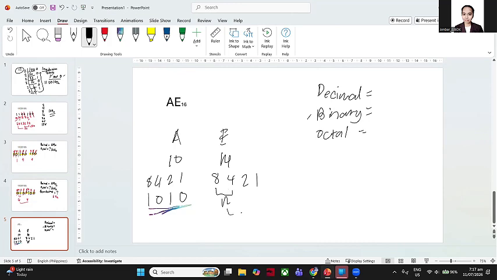How about 12 plus 2? 12 plus 2 is 14. Oh, now we have our binary for this group, which is 1, 1, 1, 0.